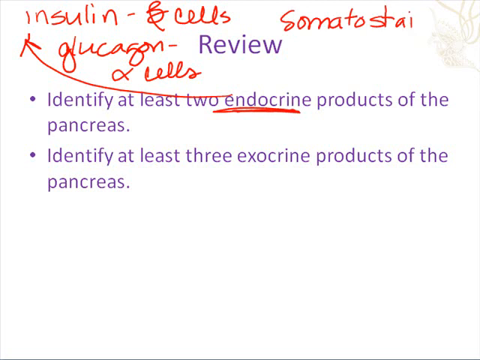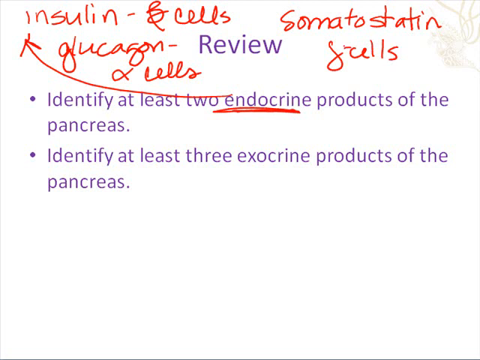Somatostatin is released by the delta cells of the pancreatic islets. And those delta cells are manufacturing somatostatin to help modulate the secretion of glucagon and insulin.